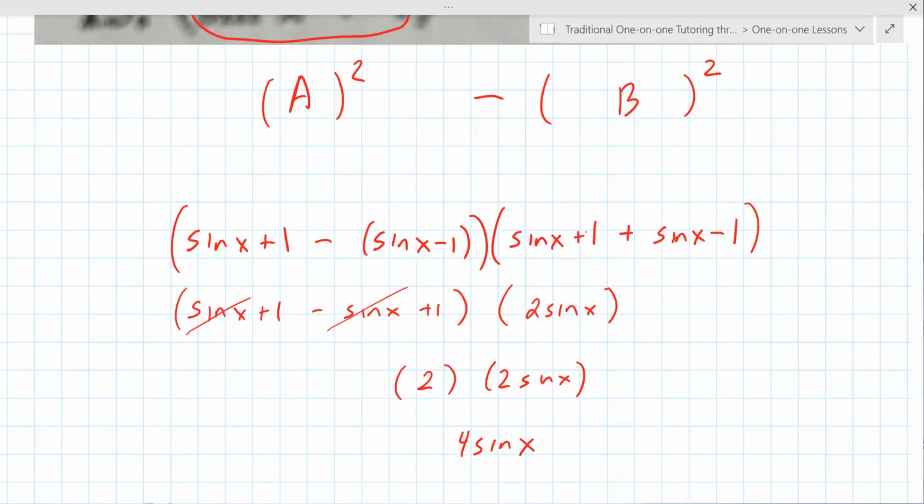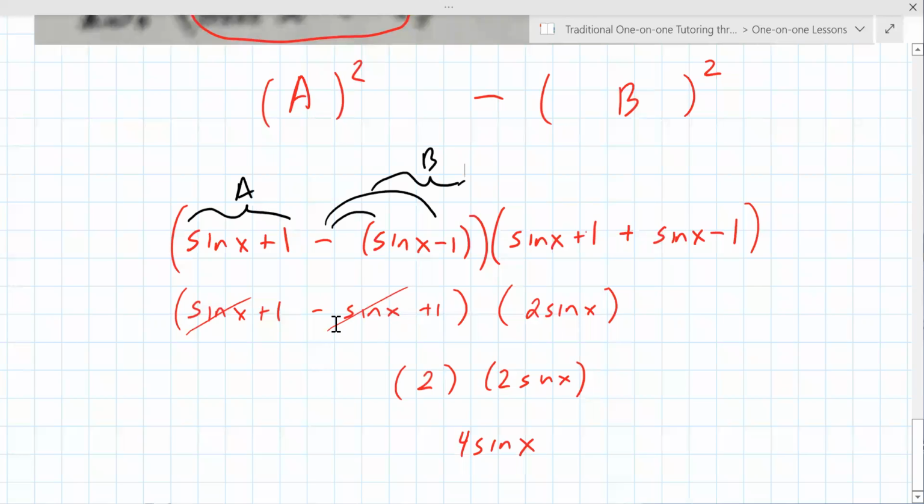How come the sine x plus 1's cancel to become 2? Say that one more time, on the right or the left? On the left side. So the negative has to distribute to both. That's what causes it, because everything here is your A and everything here is your B. Whenever you're subtracting, you have to subtract the whole quantity, not just the first one.